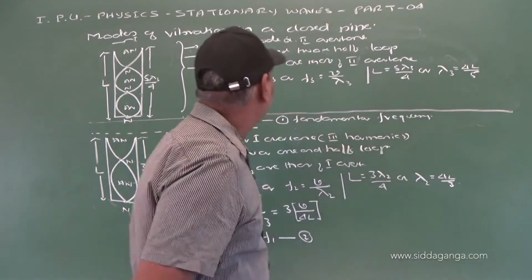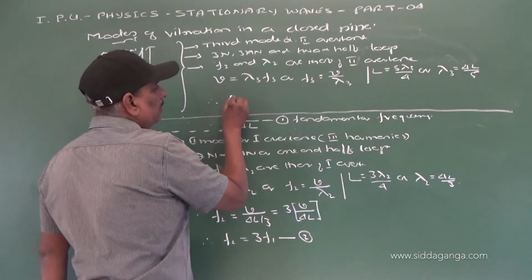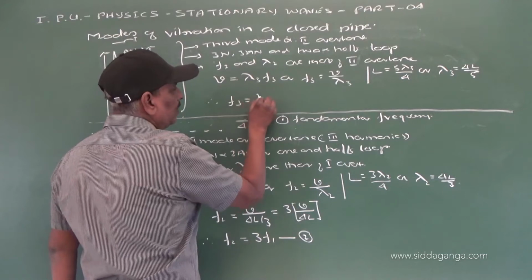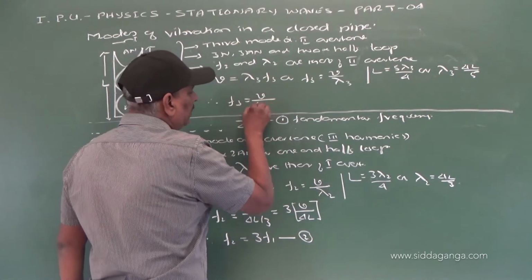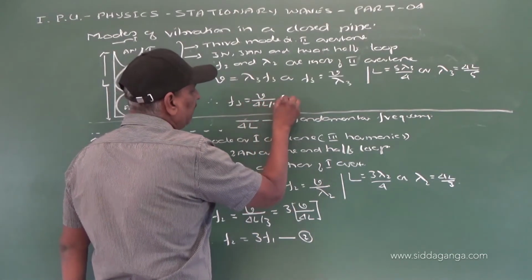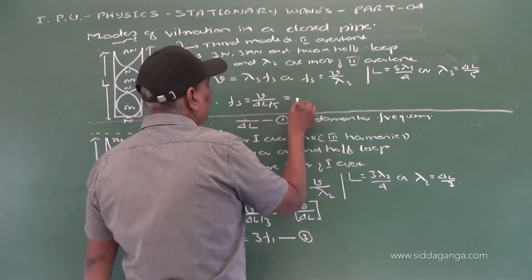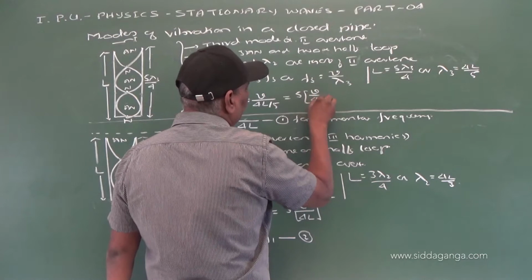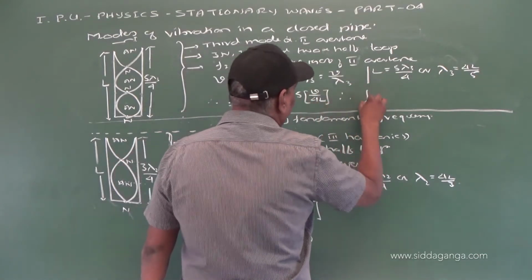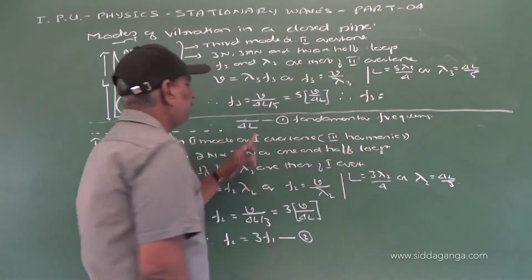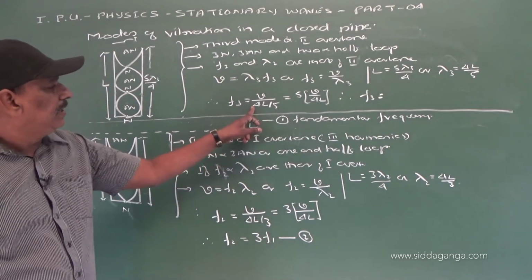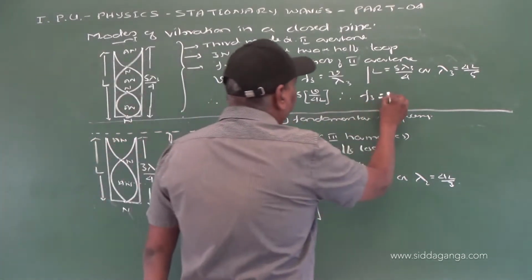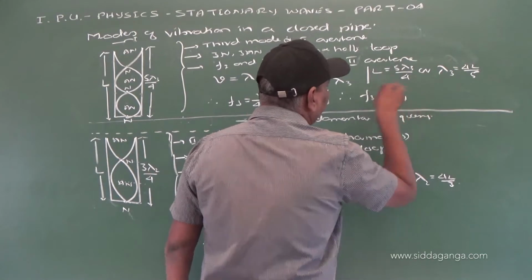Therefore, F3 is equal to V by 4L by 5, that is equal to 5 into V by 4L. Therefore, F3 is equal to 5 times F1.